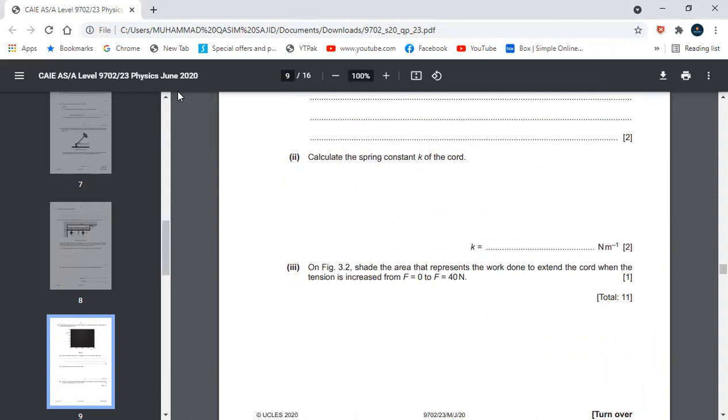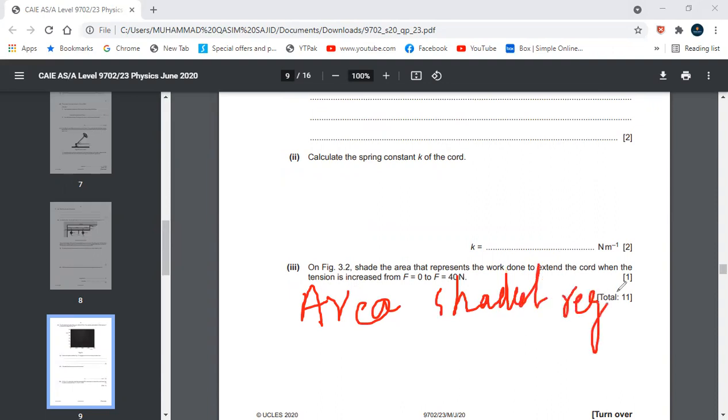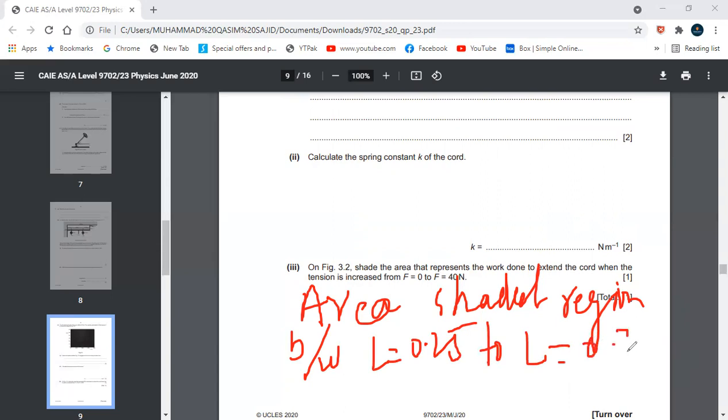When force is increased, we have to find the area of the shaded region between length equals 0.25 to length equals 0.75.